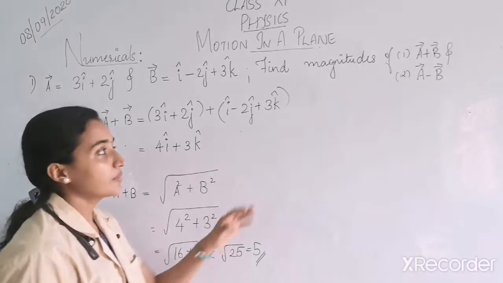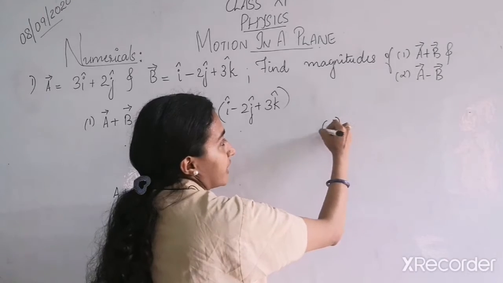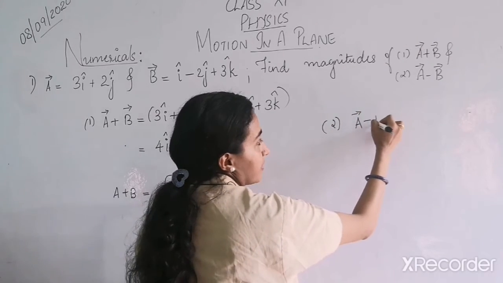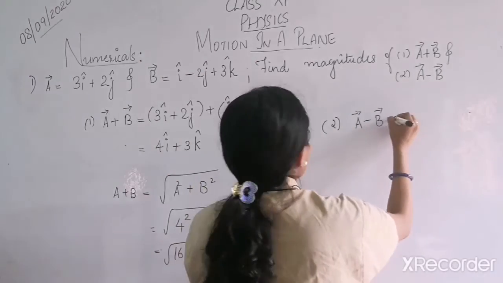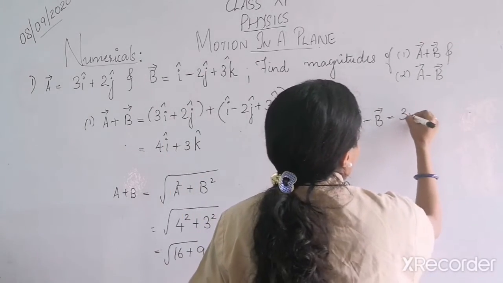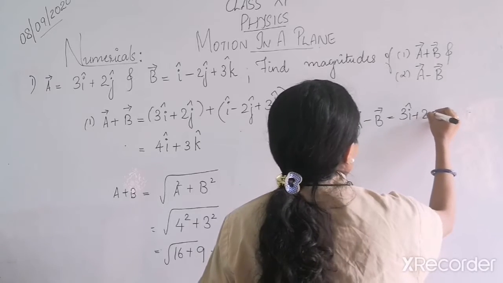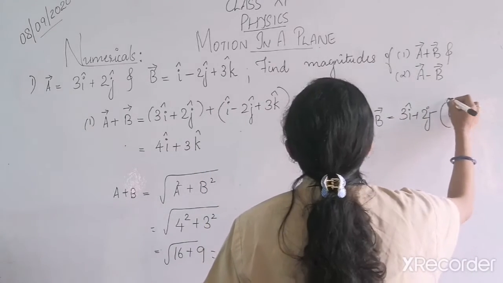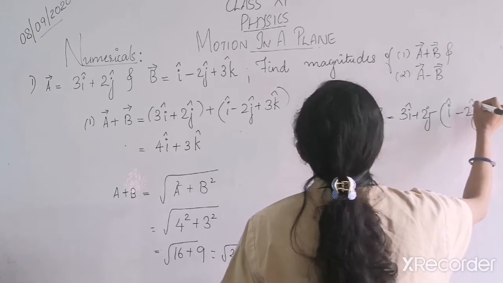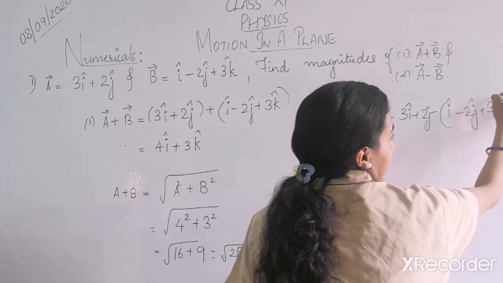Got it? Now coming to your second part, a minus b. Now a minus b again: a is 3i plus 2j, minus i minus 2j plus 3k.